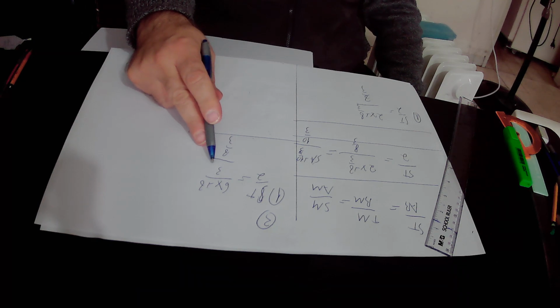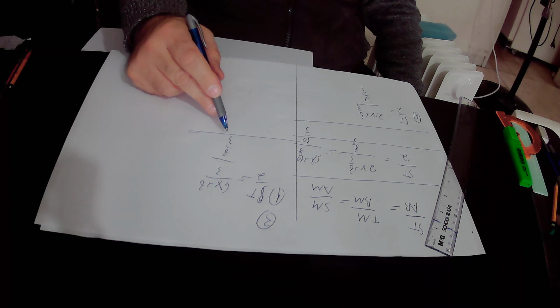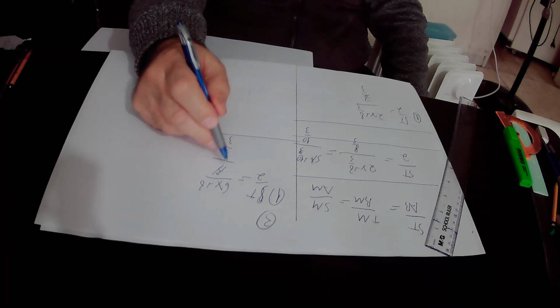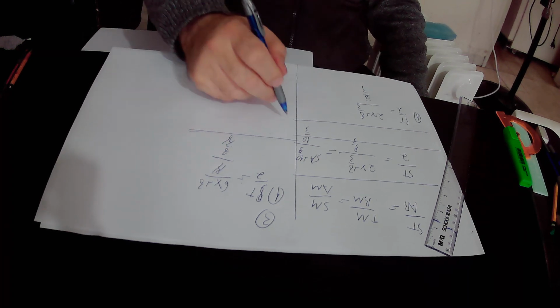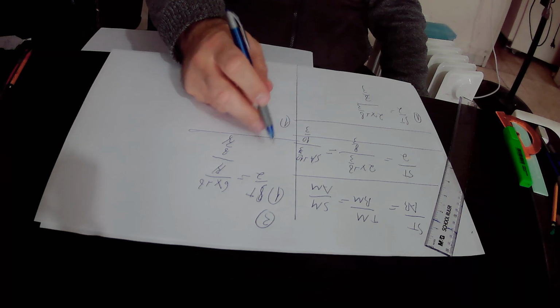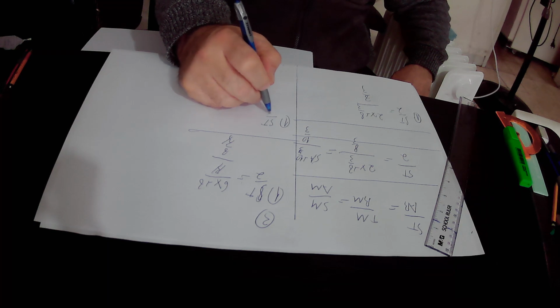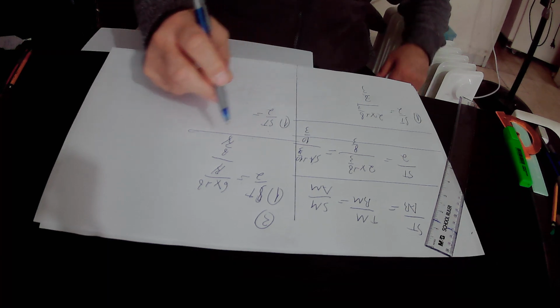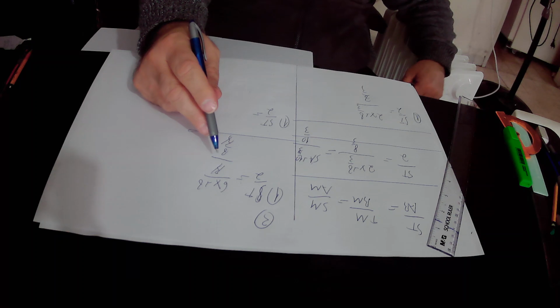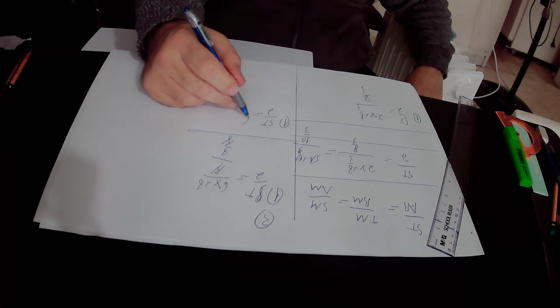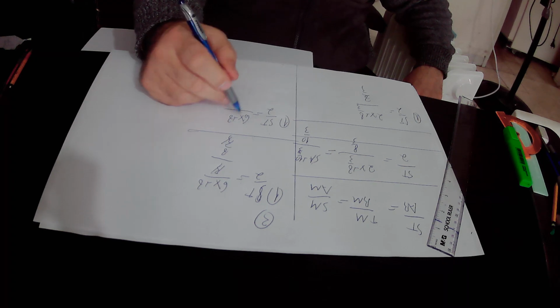We have 3 in the numerator and 3 in the denominator, so the 3 will get cancelled. What is left from equation 1 after we cancelled 3? On this side we are left only with ST over 2, that is equal to 6x plus 8 divided by 8.